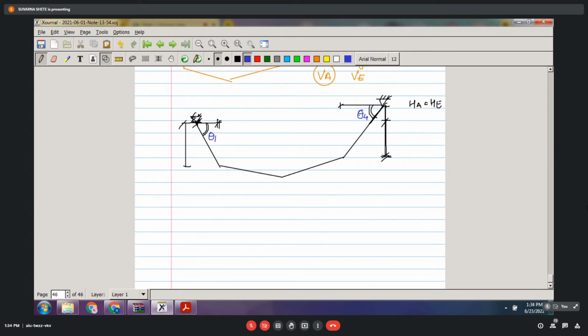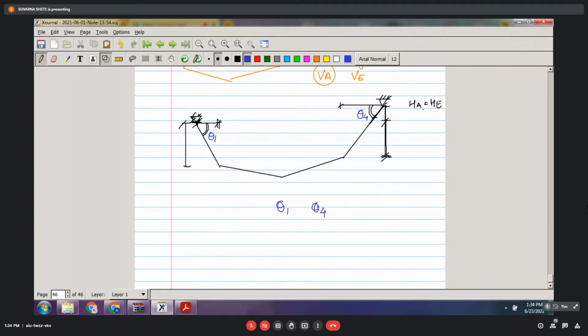According to θ1 and θ4, can I guess which cable segment will carry more tension? If there is some relation between θ1 and θ4, which one is more, and which segment will have more tension? Is there any relation between the values of θ1 and θ4?